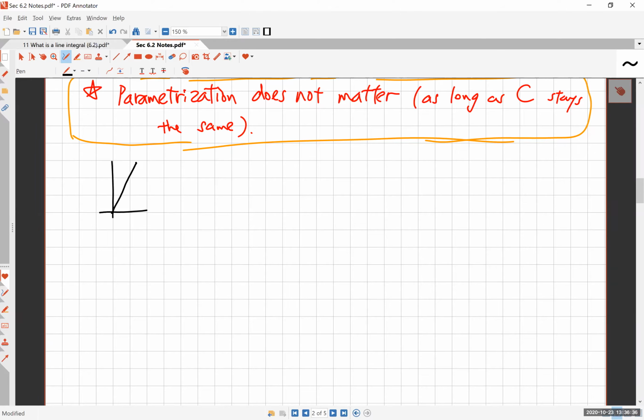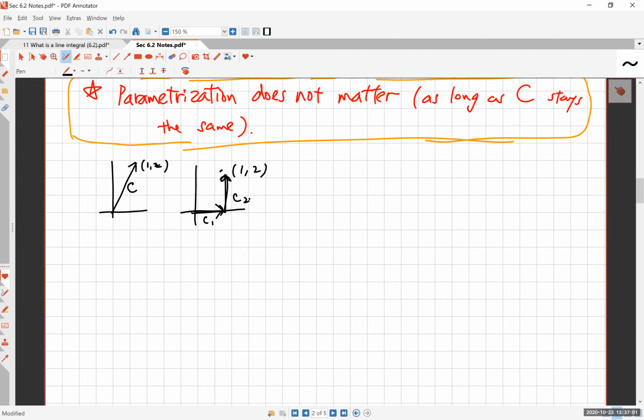So far we went from 0, 0 to 1, 2 this way, with 2 different parameterizations. What happens if you go this way and this way, like to get from here to 1, 0, and then from 1, 0 to 1, 2? That's a different curve, right? So this is curve C. This is C1 plus C2 that will get you to the right place.